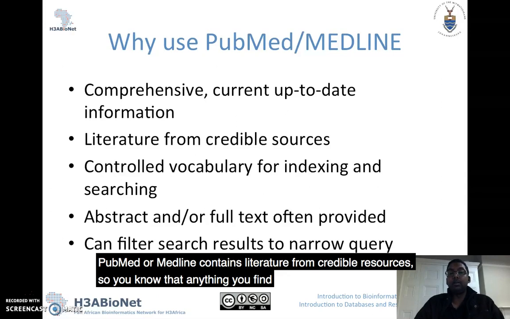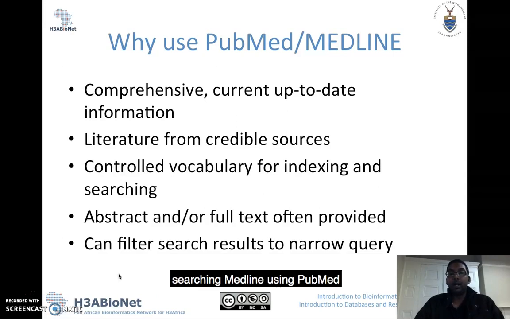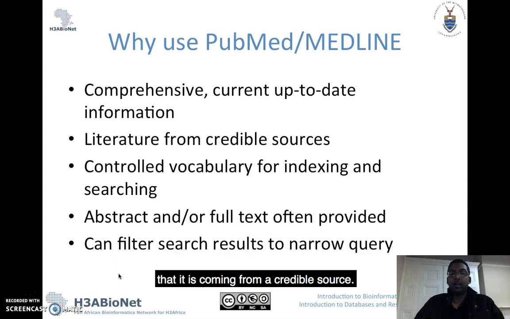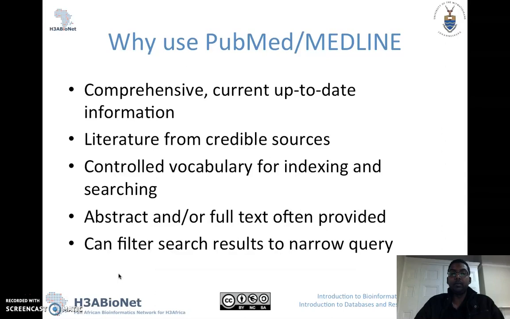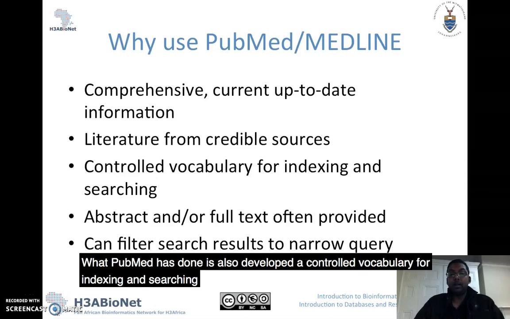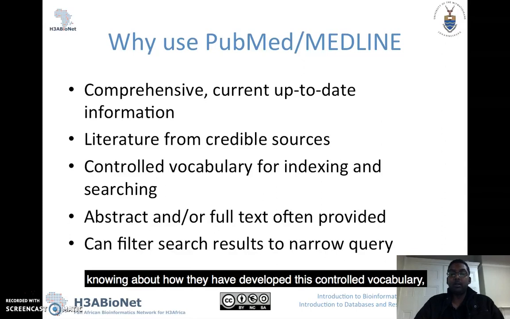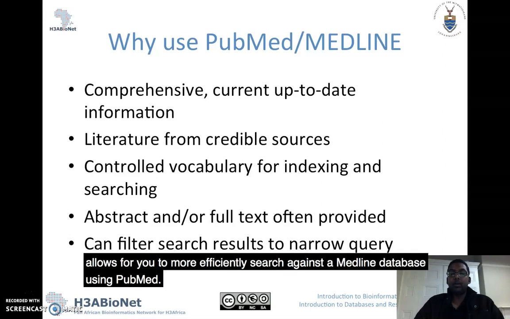So you know that anything that you find searching MEDLINE using PubMed is coming from a credible source and a credible journal, and you don't really need to double check that it is coming from a credible source. PubMed has also developed a controlled vocabulary for indexing and searching. Knowing how they have developed this controlled vocabulary allows you to more efficiently search against the MEDLINE database using PubMed.